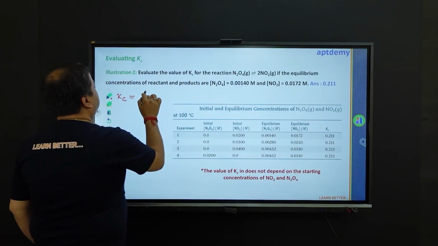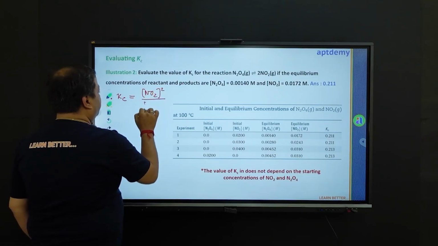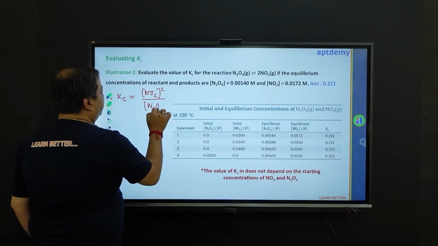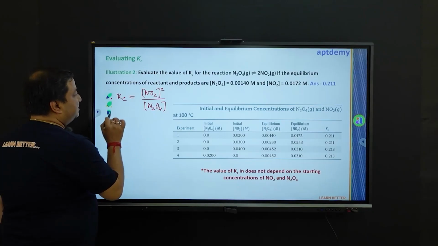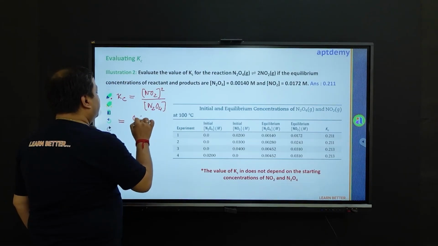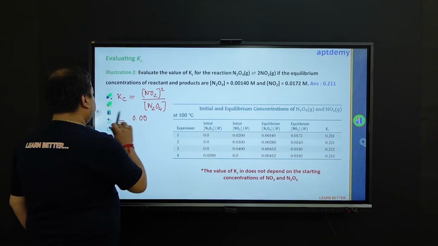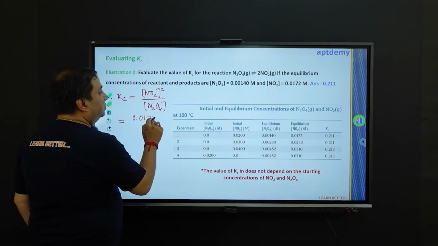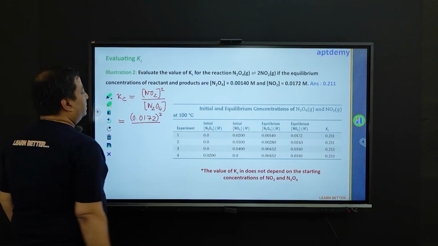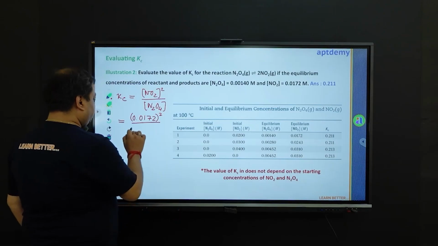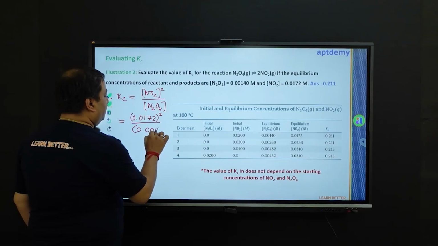We will write NO2 raised to the power 2 divided by the concentration of N2O4, and let us plug in the values: 0.0172 raised to the power 2 divided by 0.00140.